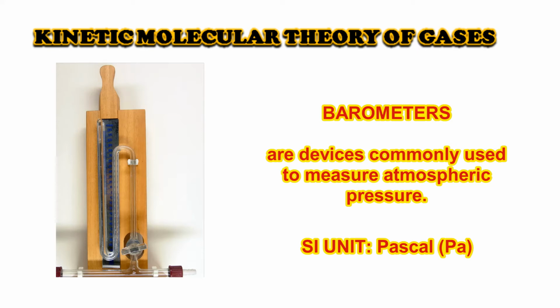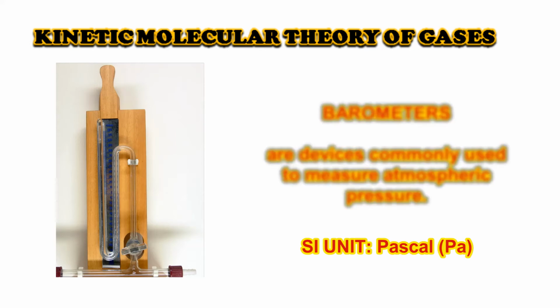The origin of this unit is the early use of mercury barometers similar to the one shown in this figure. Such a barometer was a straight glass tube filled with mercury and closed at one end. The tube was placed in a dish of mercury so that the open end was below the surface of mercury in the dish. The height of mercury in the tube depends on the pressure created by collisions of air molecules with the surface of the mercury in the dish.